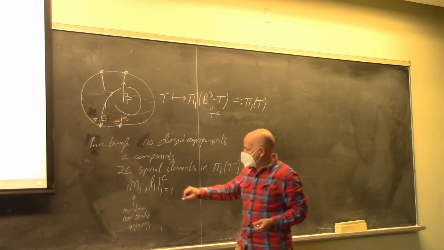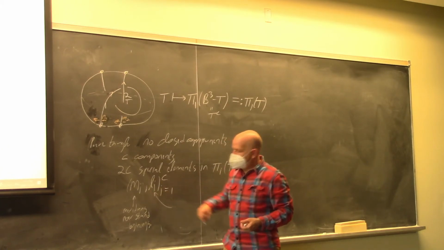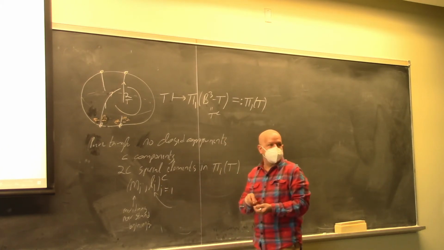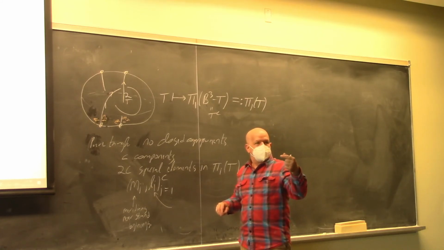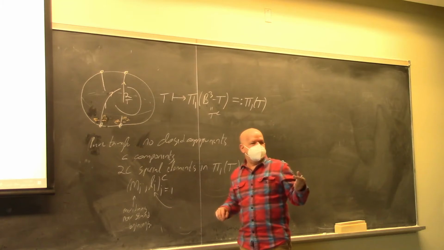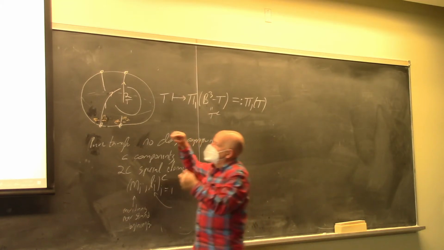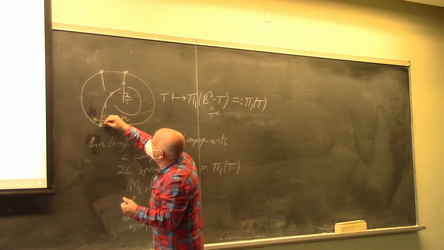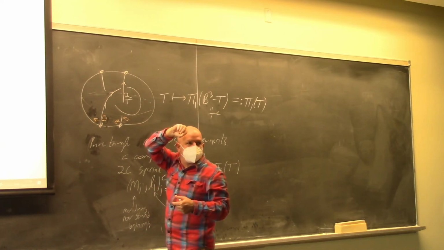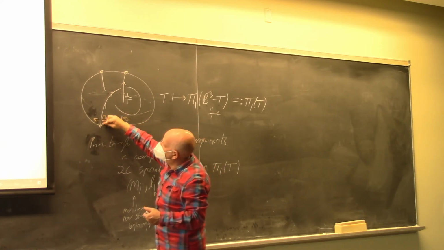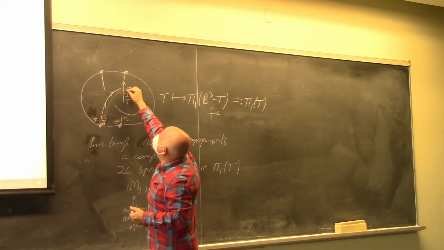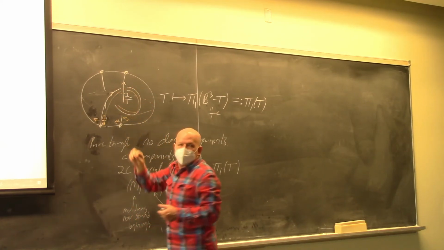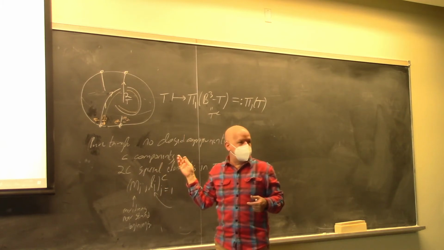Okay? And the other list is the longitudes. So what's a longitude? A longitude is: go along the strand. So you start from your eye, you go to a point, say here, and then you trace along the strand, going always to its right.